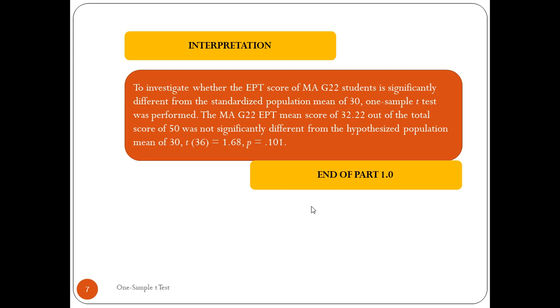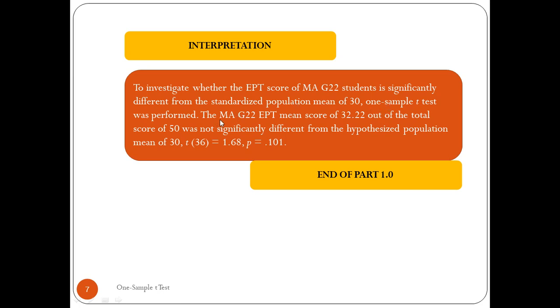So again, this first sentence gives us two fundamentals. The first part talks about the research hypothesis or research objective, and the second part talks about what kind of statistic we are performing in order to answer the research question.